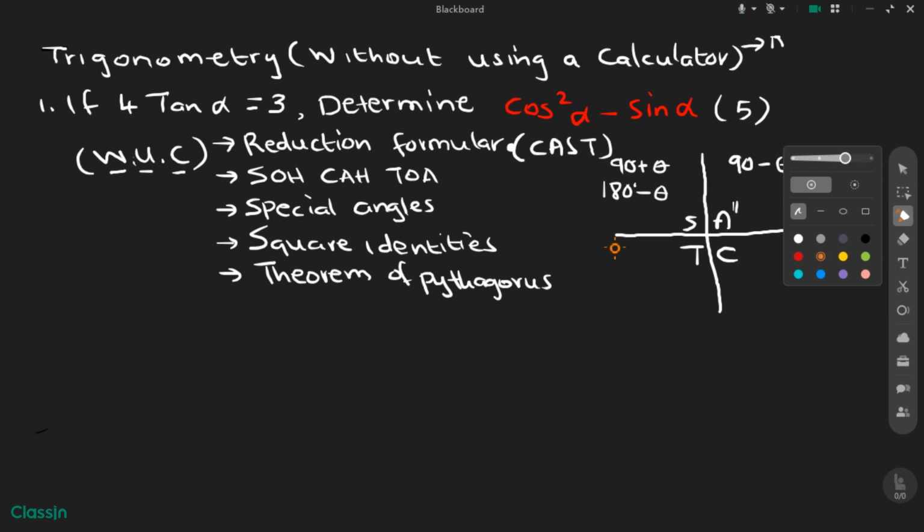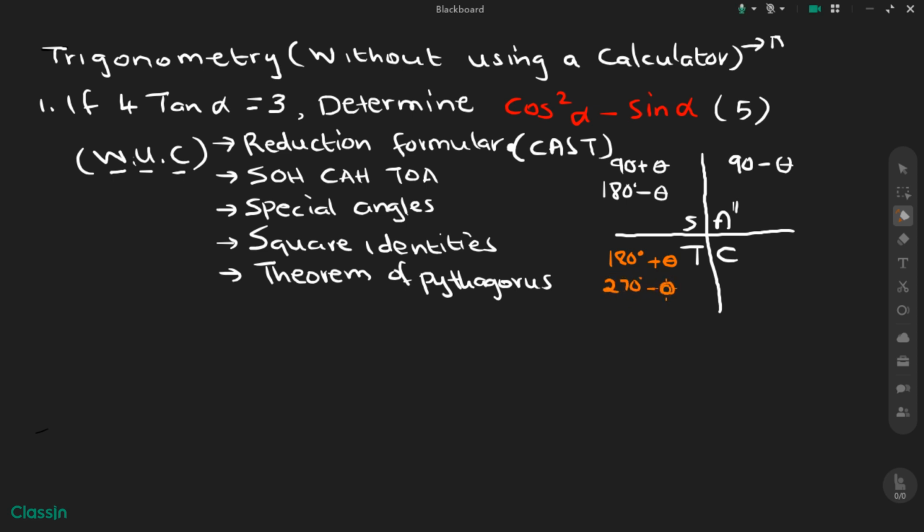Then tan: 180 degrees plus theta and 270 degrees minus theta. Then cos: 270 plus theta and 360 degrees minus theta.